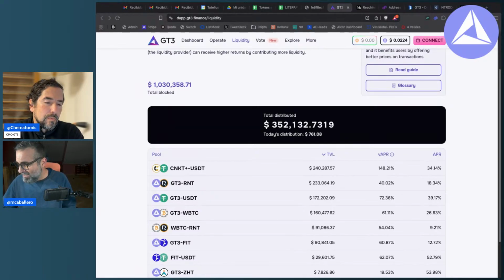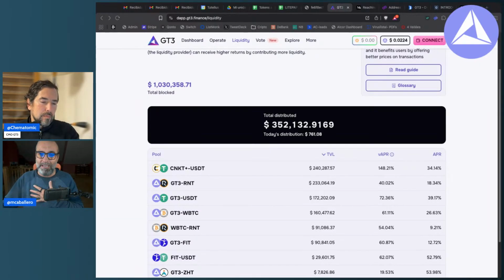Ethan says, in which scenarios could locking GT3 become less optimal, and how can a user identify that in time? From my personal perspective, it's never a bad choice to lock the GT3. Never, ever. Because it's the only way to generate passive income. And as you said before, Chema, the GT3 price doesn't matter for a GT3 locker.